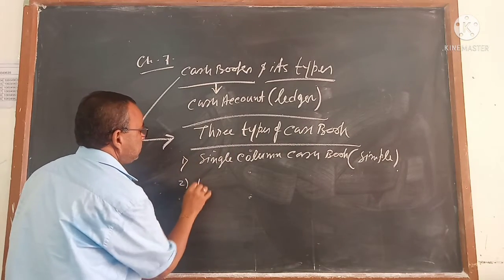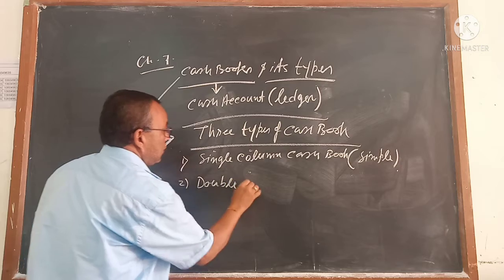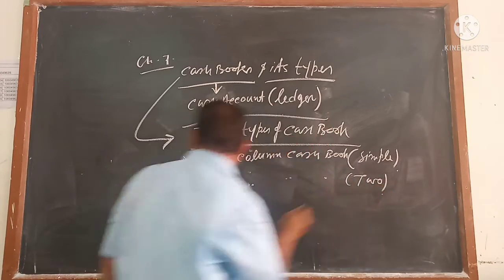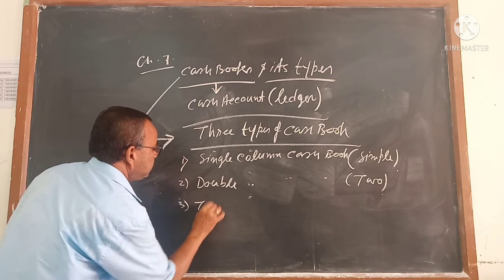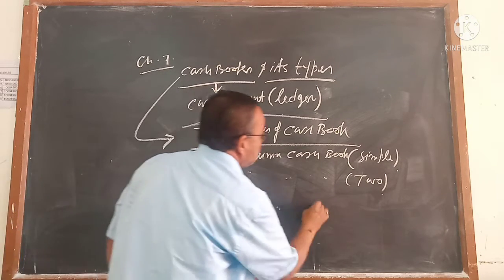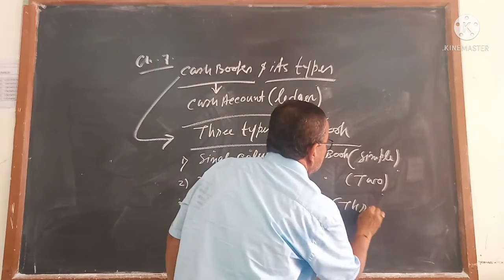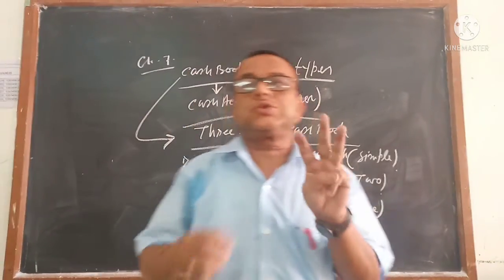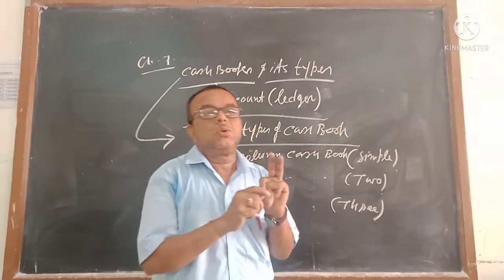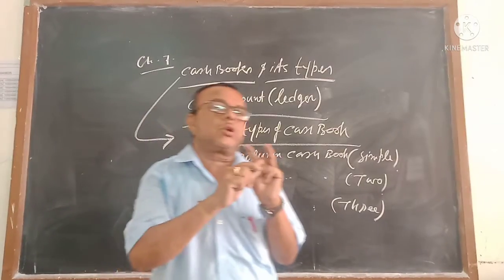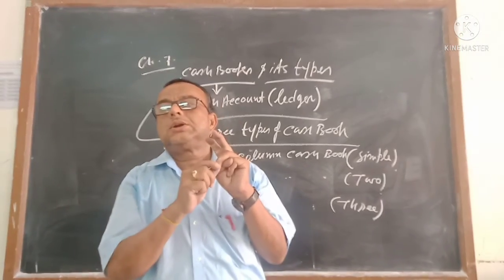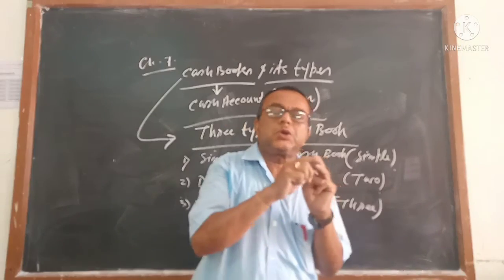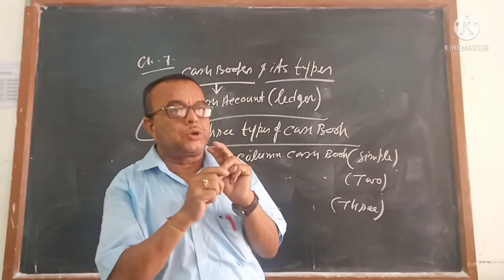The second is called double column cash book, or two columns, and the third is called triple column cash book, or three columns. That means there are three types of cash books you have to learn from this chapter. What is called single column cash book, what is called double column cash book, and what is called triple column cash book, one example you will take.